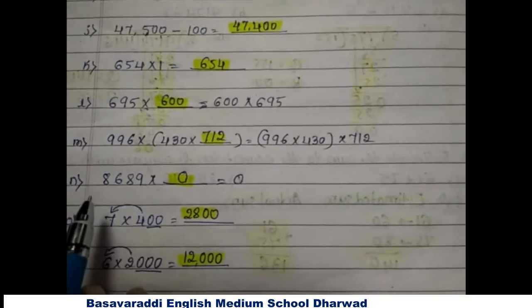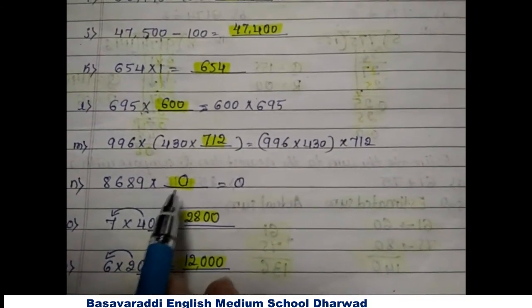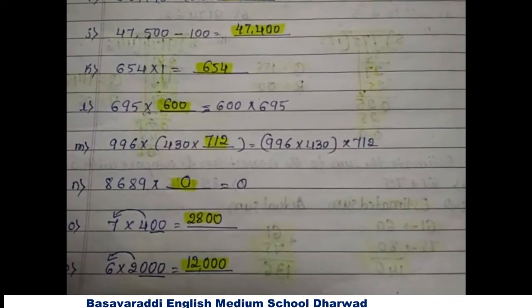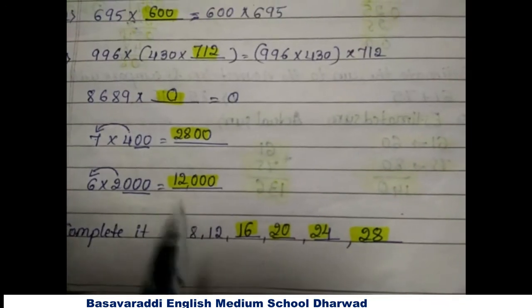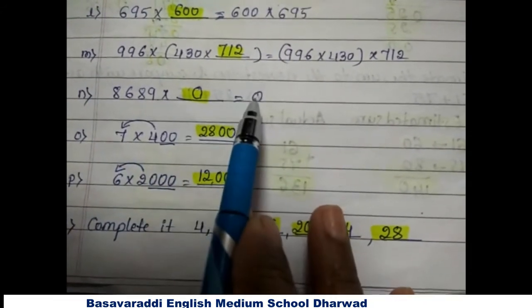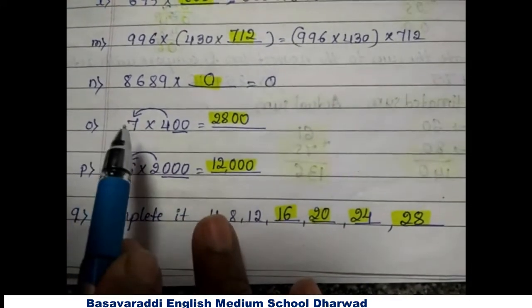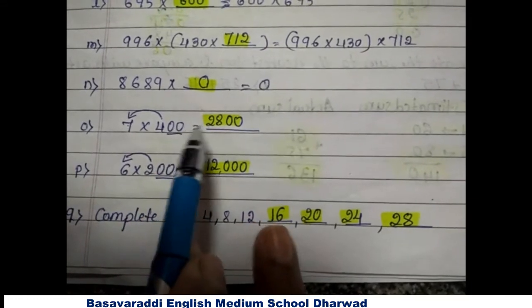The N: 8689 into 0. The product of a number with 0 is 0. Next, O: 7 into 400 is equal to dash.